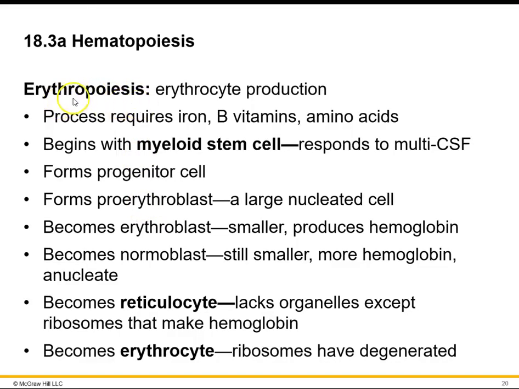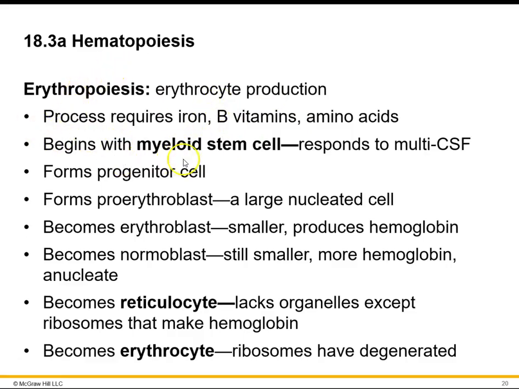Okay, here are the steps of erythropoiesis. This process requires iron, B vitamins, and amino acids. This is going to be important when we get to causes of anemia. A big cause of anemia can be iron deficiency, as well as deficiency in some B vitamins.